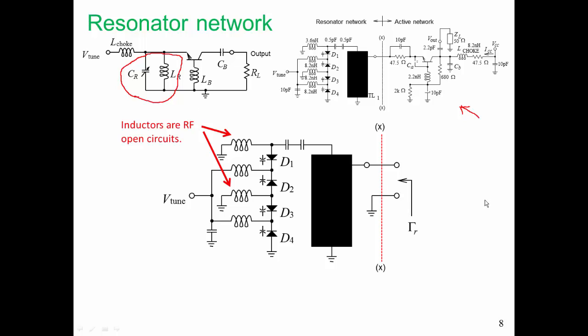The most obvious difference here is the use of this transmission line resonator, and that transmission line replaces LR in the simplified Colpitts common base oscillator, and this resonator has much lower loss than the inductor. So transmission line is a good choice here.